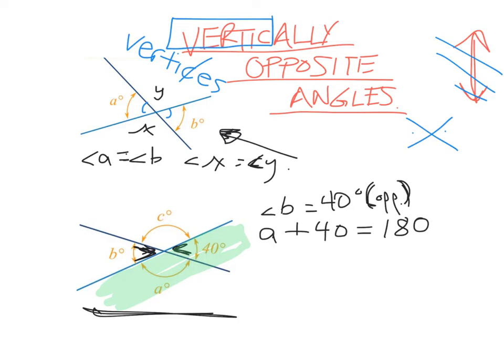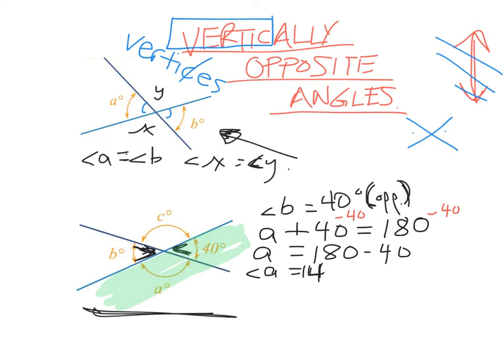I've already set it up algebraically, so now I've got to isolate my variable. It's going to be 180 minus 40. For those of you who are balancing, I'm subtracting 40 from this side to make it 0, so I have to subtract 40 from that side too. Then angle A equals 140 degrees.